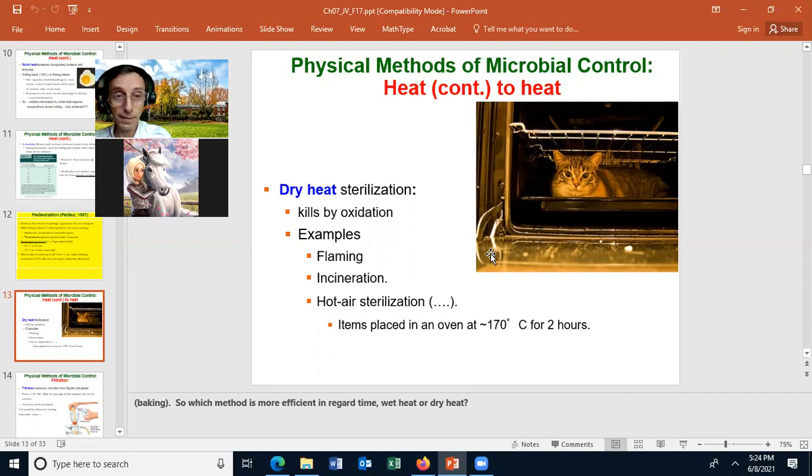Some examples of dry heat are, of course, baking, shown here, killing by oxidation, and then flaming and incineration, which are really a very high temperature, and that's killing by charring.